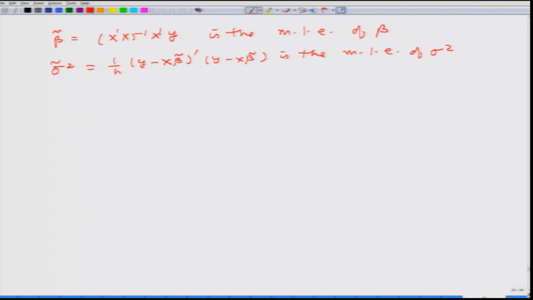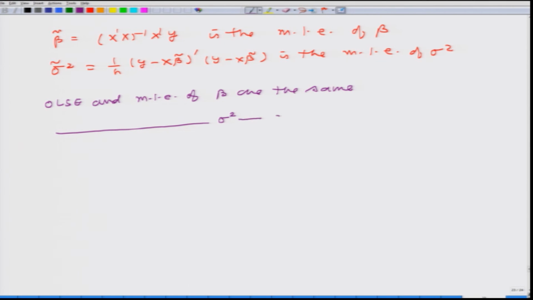One thing you have to notice here is that the ordinary least square estimator and the maximum likelihood estimator of beta are the same, whereas the ordinary least square estimator and the maximum likelihood estimator of sigma square are different.